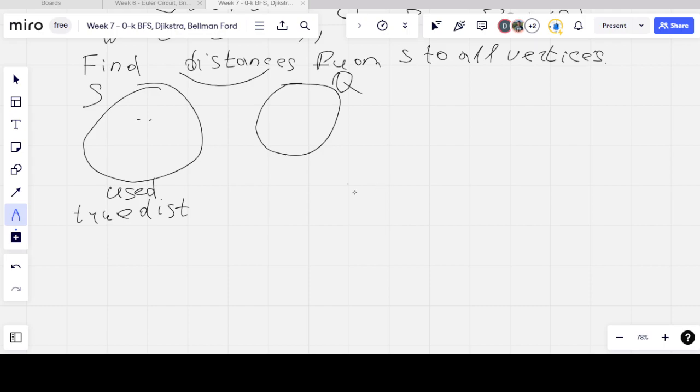In the second set we have unused vertices, and for these vertices we have an estimated dist. By estimated, I mean an upper bound of the length of the shortest path.